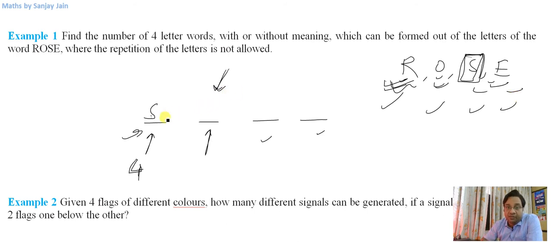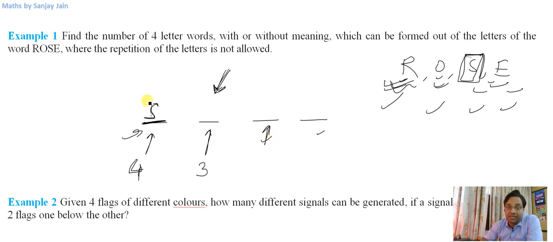Okay, now once you have filled one of the places, let us say we have filled this place with one of the words, then to fill the next place I'll have only 3 options left because I have already utilized one of the letters. So the second place can be filled with 3 different ways. And what about third place?